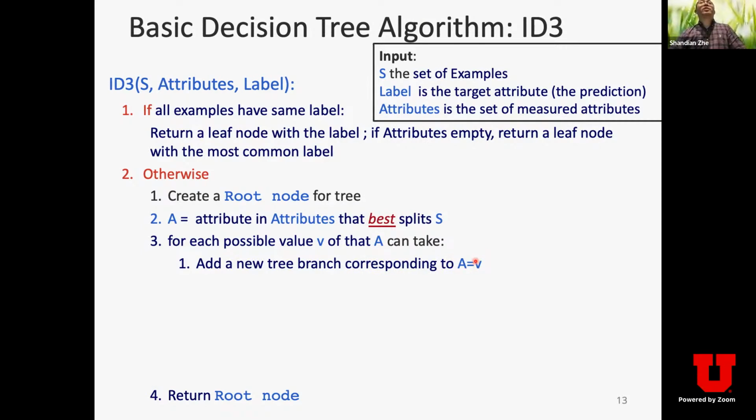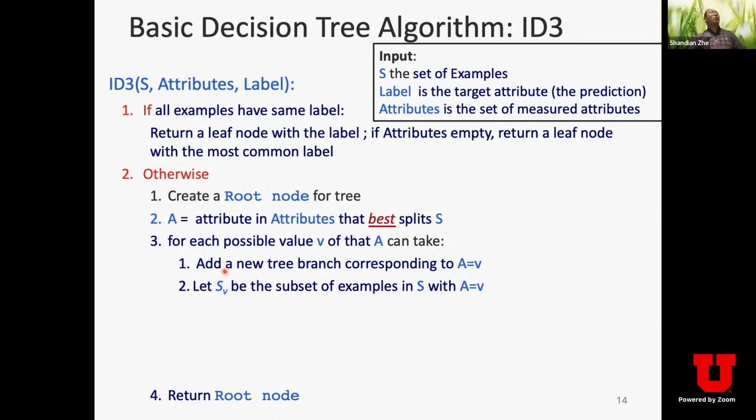Along with this tree branch, we have a subset of examples in S where each example takes the A attribute value to be V. We denote this subset of examples by S_V.